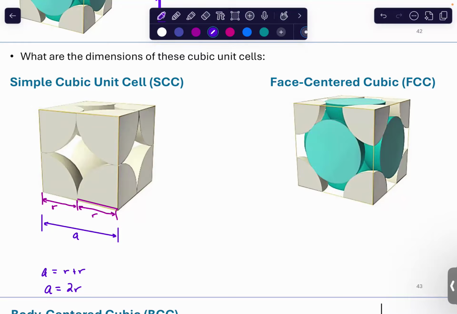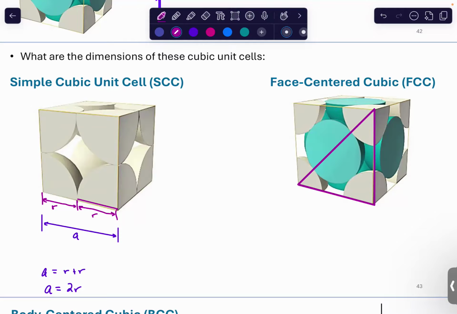Let's work on the face-centered cubic. I go there next because it's easier. So what I'm going to do is I'm going to make a right triangle. I'm going to go diagonal across the face of the unit cell. Then my right triangle will be right there and include the length of the side.